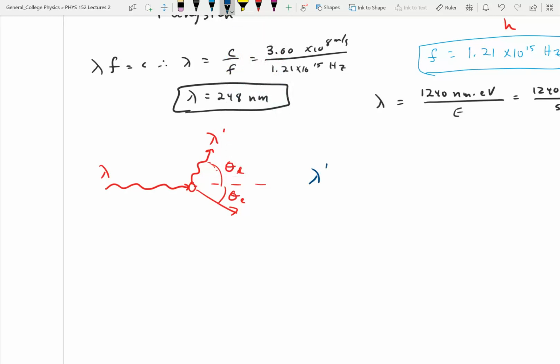That says the scattered wavelength minus the incident wavelength is equal to Planck's constant over the mass of an electron times the speed of light times 1 minus cosine of the angle the light is scattered.